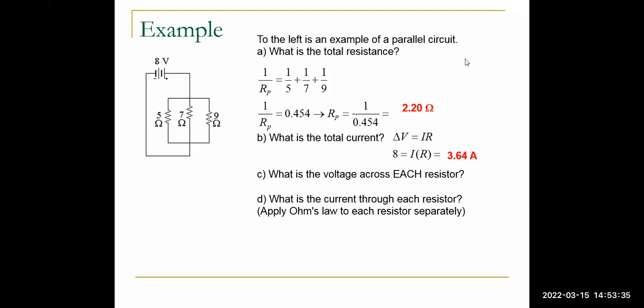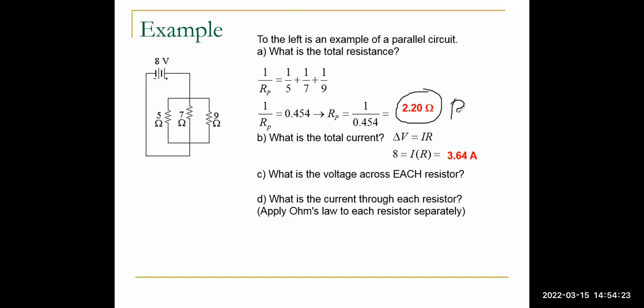Ulitin natin. Yung calculator is 1 divide 5 plus 1 over 7 plus 1 over 9. So that is 0.454. So 1 divide 0.454, reciprocal, nakuha natin is 2.2 ohms. Yan, nakuha natin yung total RT.